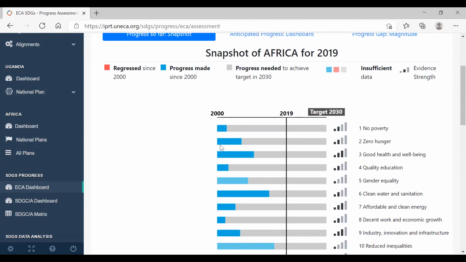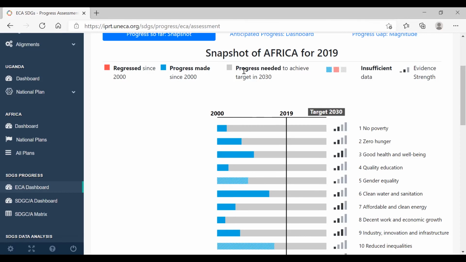Look, the key for the colors is indicated at the top. The red one is regressed. There is backward regression in terms of achieving the target set in 2030. The blue one, progress is being made since 2000. Countries are progressing.